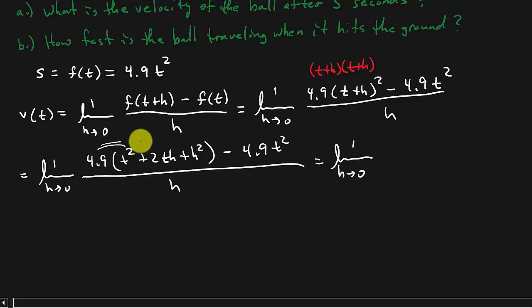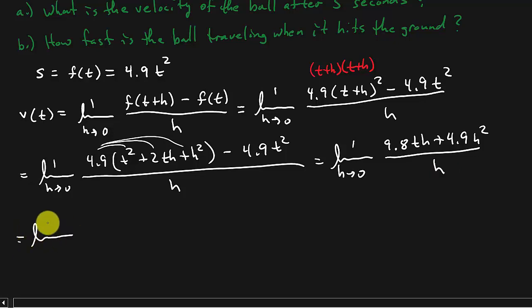Now look, if I distribute the 4.9, that's going to be 4.9 t squared minus 4.9 t squared. So those are going to go out. All right. So the 4.9 times 2, that's going to give me what? 9.8 th plus 4.9 h squared over h.